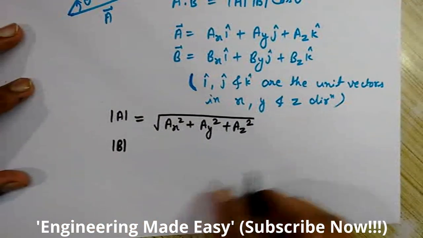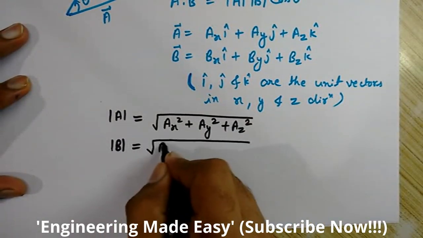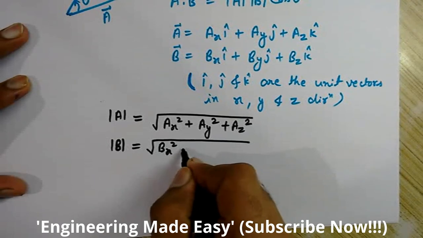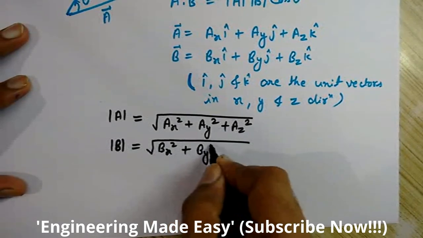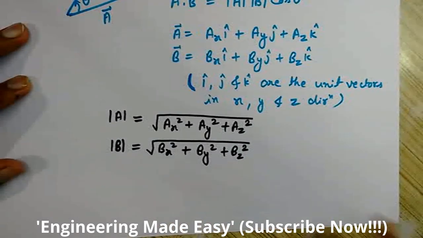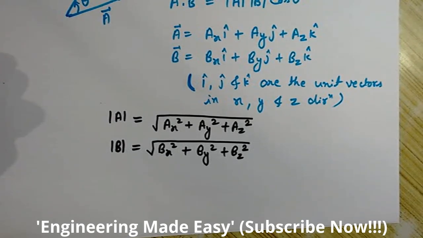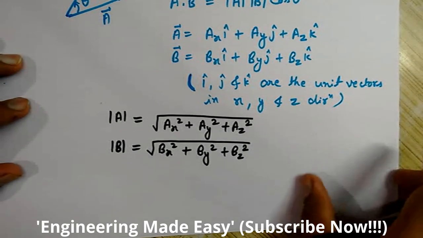Similarly, the magnitude of B can be written as under root of BX square plus BY square plus BZ square. The magnitude of a vector is sometimes also called the modulus of the vector. In this way you can find it.